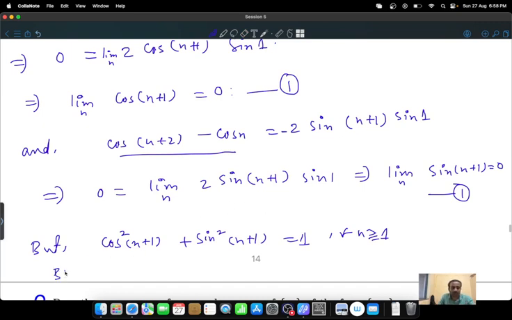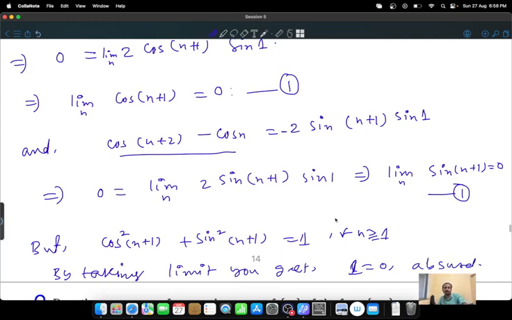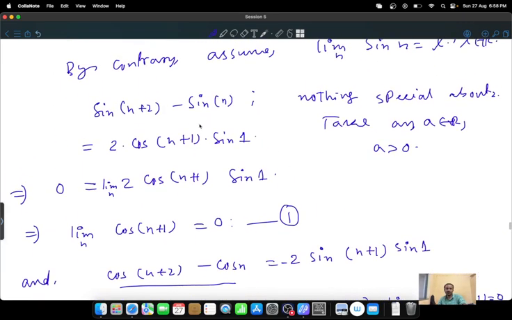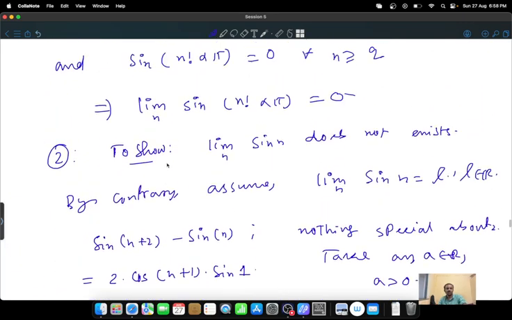So you get 1 equals 0, which is absurd. So sin n cannot converge. You can try that same thing for any real number, just use the formulas.